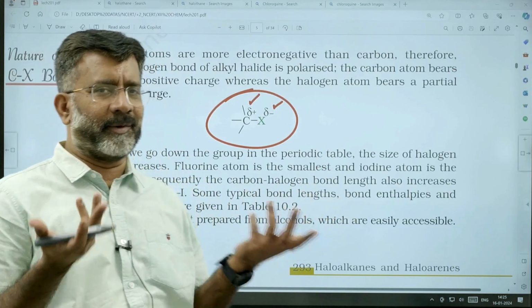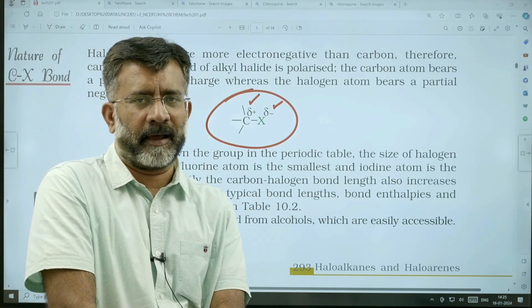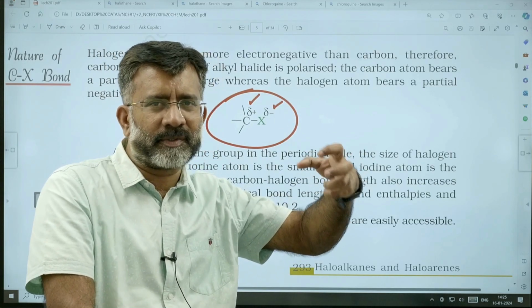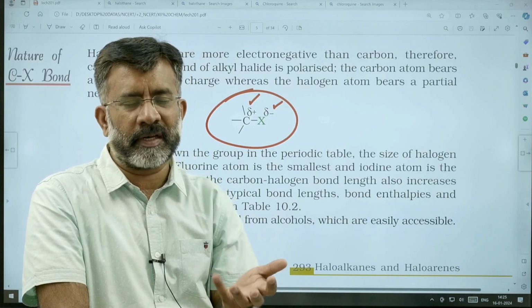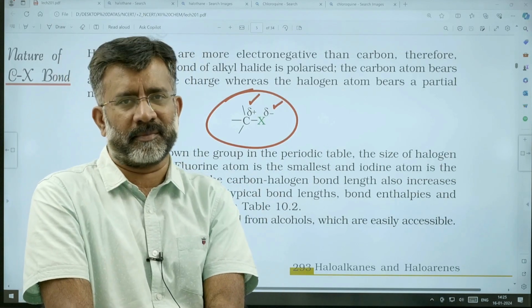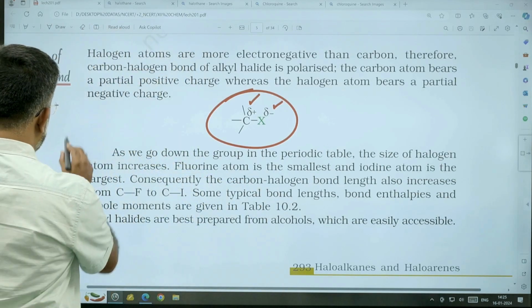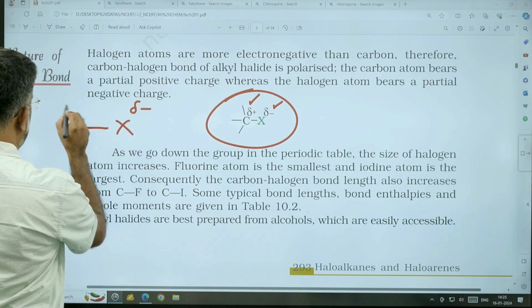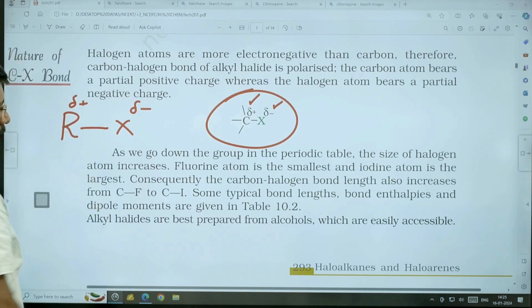Everybody knows that. Halogen being more electronegative will carry a partial negative charge, and quite obviously a partial positive charge on carbon. So the carbon halogen bond is always polarized like that.